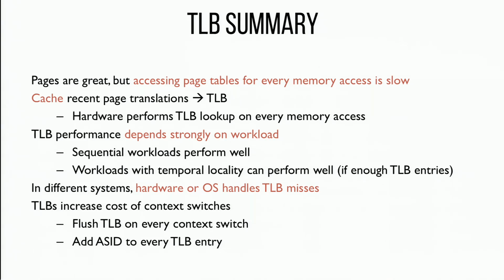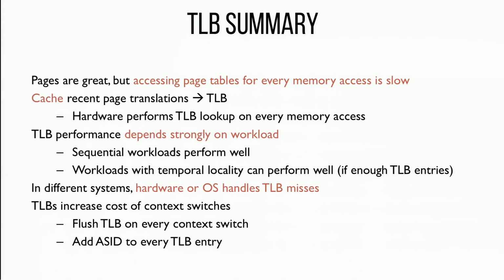And then something we talked about in the last lecture was the fact that TLBs increase the cost of a context switch. The cost of a context switch isn't just the cost of going into the OS, figuring out which process you want to run, modifying its registers, doing a trap return back into the next process. It also must take into account the cache state and the TLB state that's getting flushed when you switch between different processes.